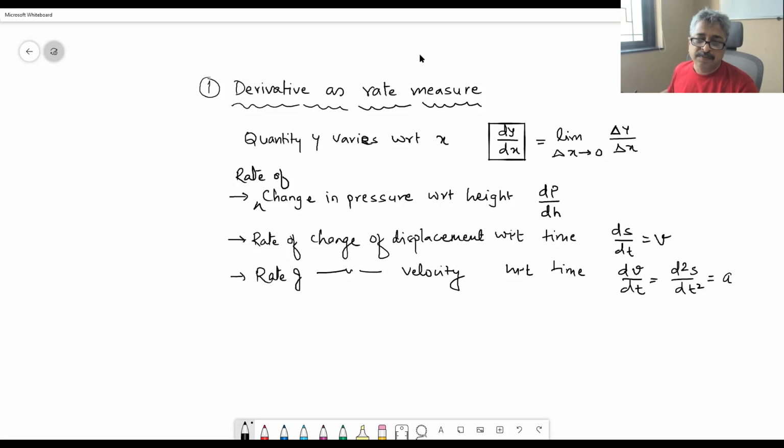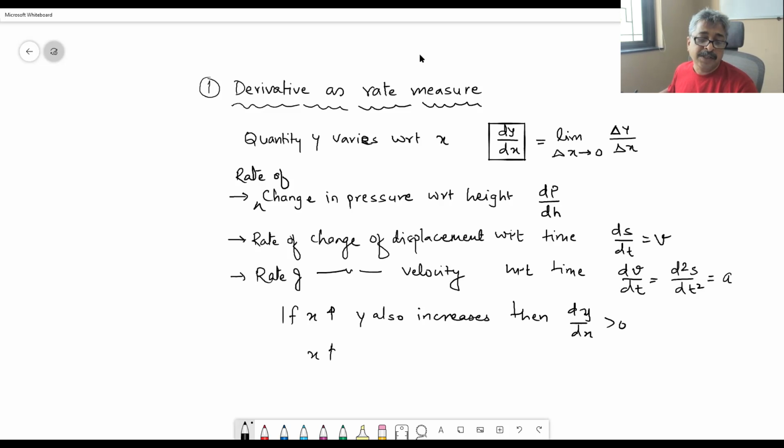Now convention: if x increases, y also increases, then we are supposed to consider dy by dx greater than 0.